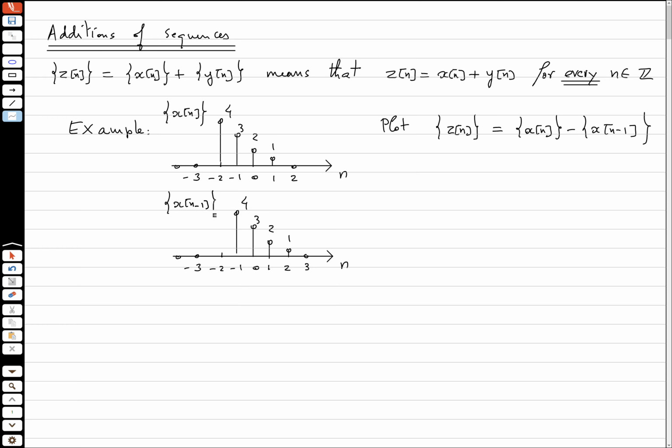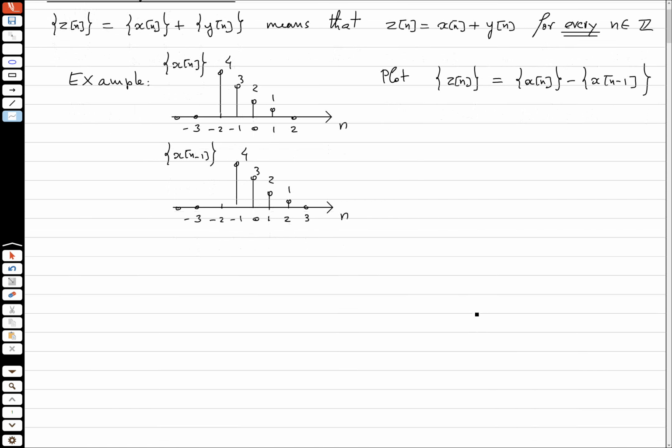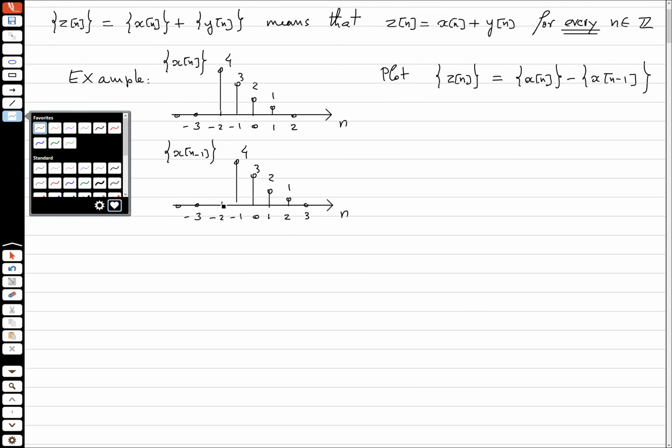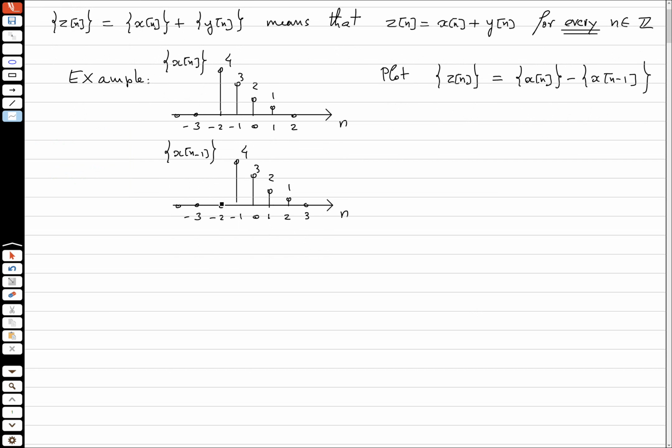And how do you plot z of n? So you prepare your plot, and you work step by step, right? For each n you write, so you prepare 1, 2, 3.